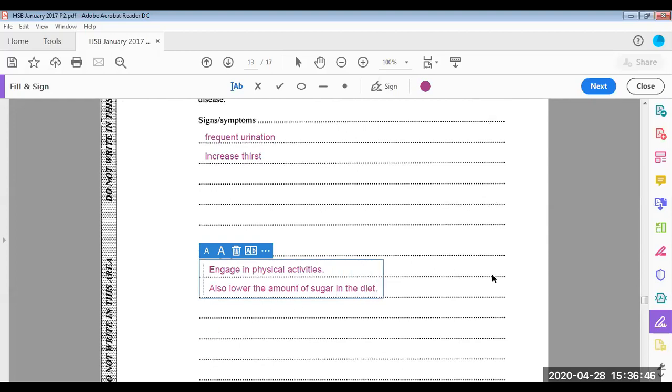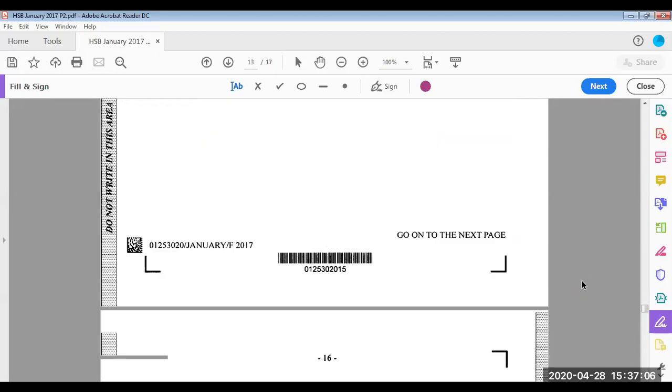Eat foods with less starch, carbohydrates. So you have to eat more whole grains, wheat, foods that contain a little amount of sugar.